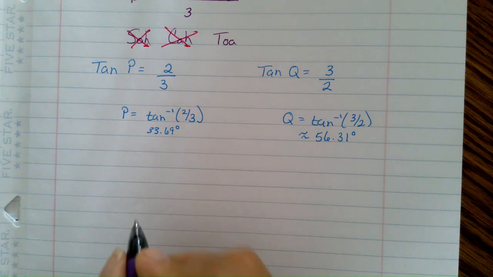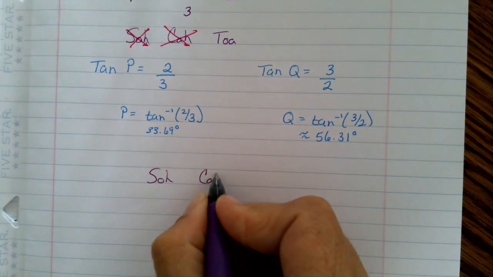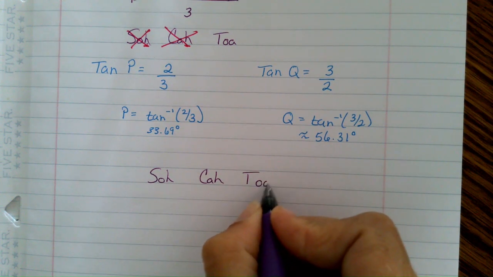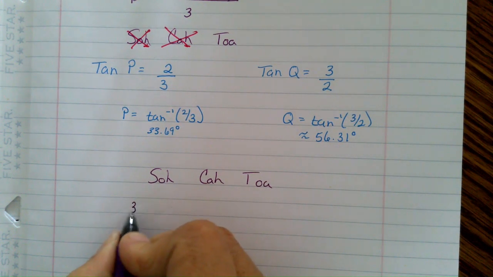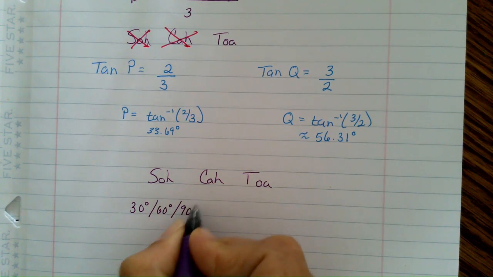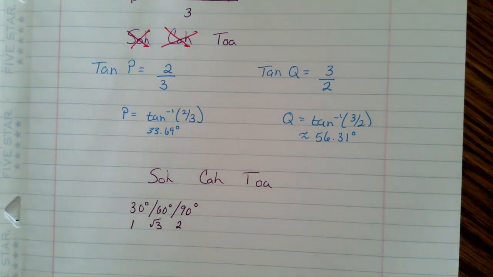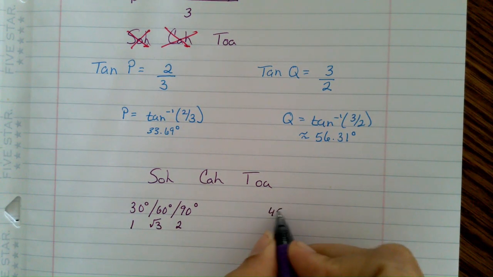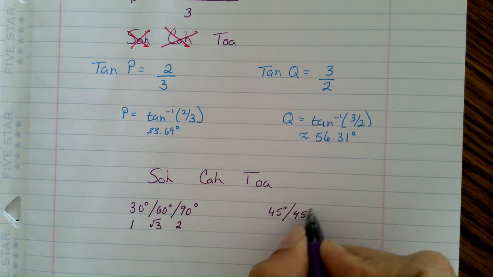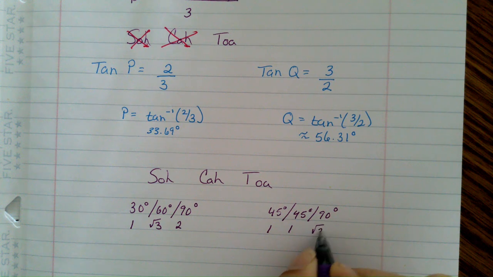If you can use this, and you know your 30, 60, 90 has a 1, 2, square root of 3 side lengths, and your 45, 45, 90 has the 1, 1, square root of 2 side lengths.